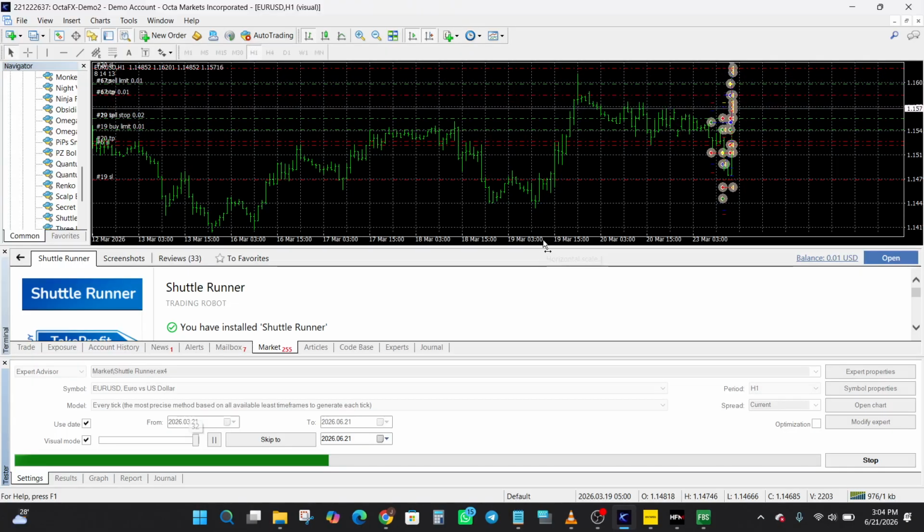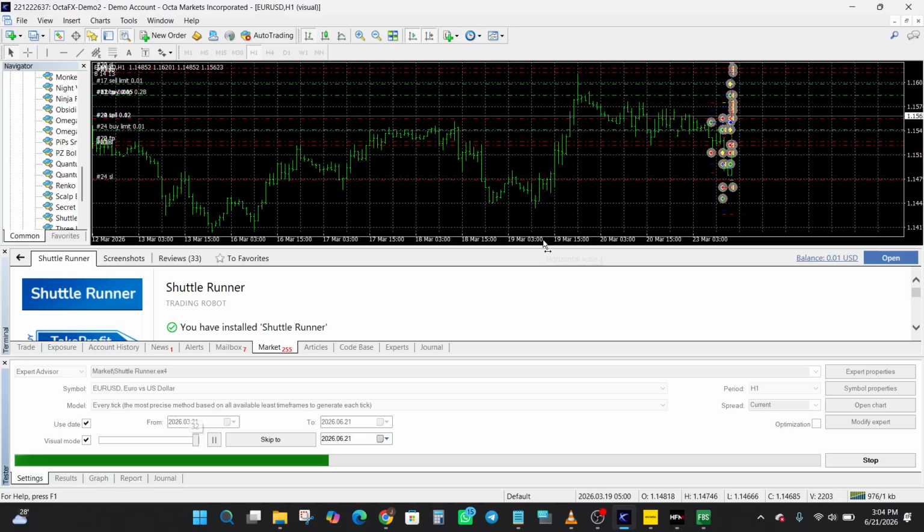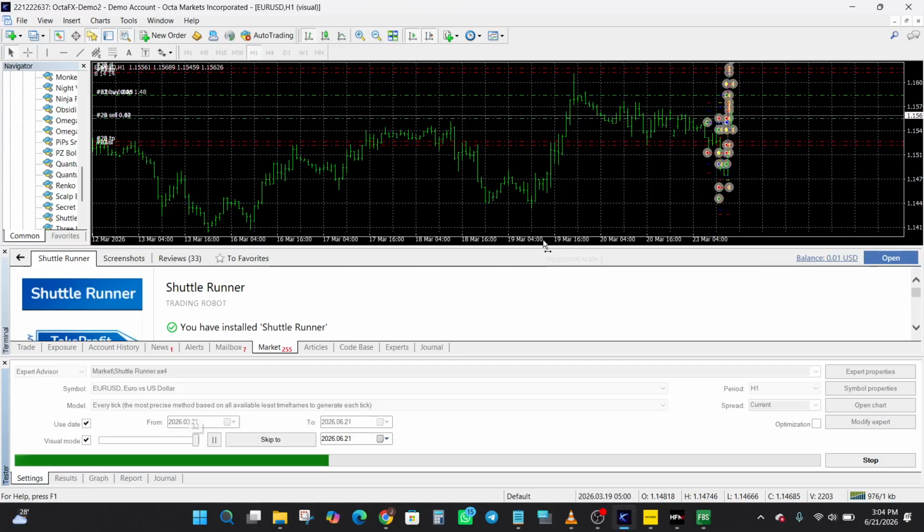Looking at the chart history, the behavior of the EA seems heavily dependent on how price interacts with those channel boundaries. Since the strategy is designed around active market sessions and directional movement after economic events, historical performance will naturally depend on the specific market conditions present during the test period.